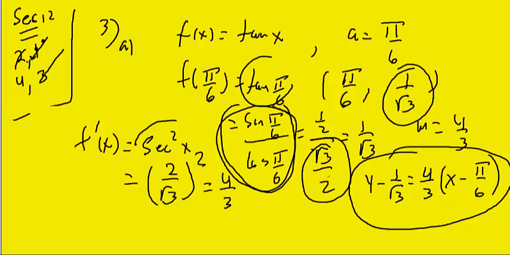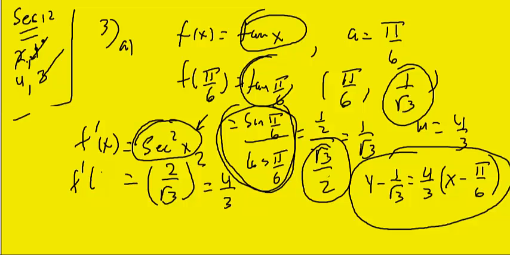Are you with me? This is the slope of this function right there. That's a slope at a random point, but I need a slope at a specific point. Okay? I should have put this in here. Does that make sense? I found the slope.